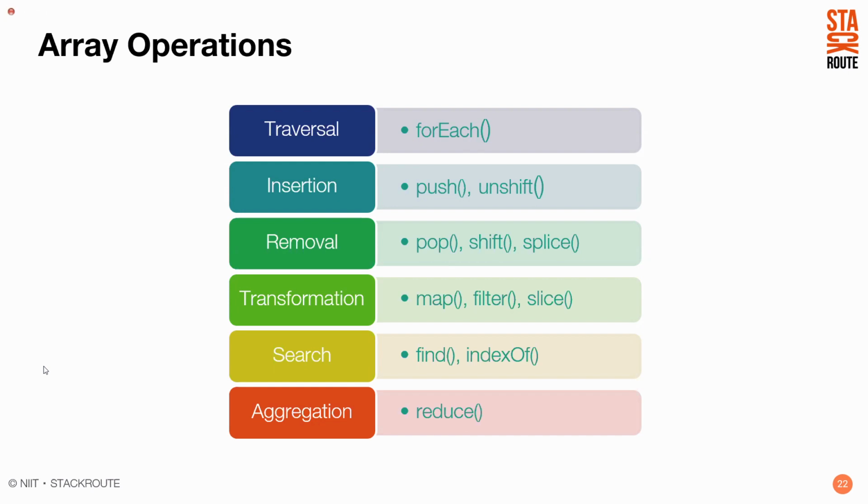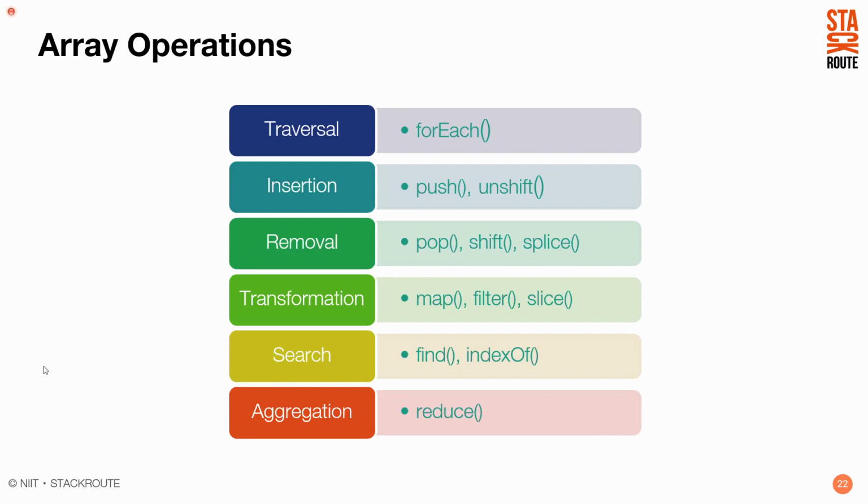Whatever is in front of you in the second column, all are methods. Each method does a certain operation. Starting from the first, traversal: I can use a regular for loop, or I can use forEach, where there is a slight syntax difference. I can add an element to my array either by using the push method or the unshift method.